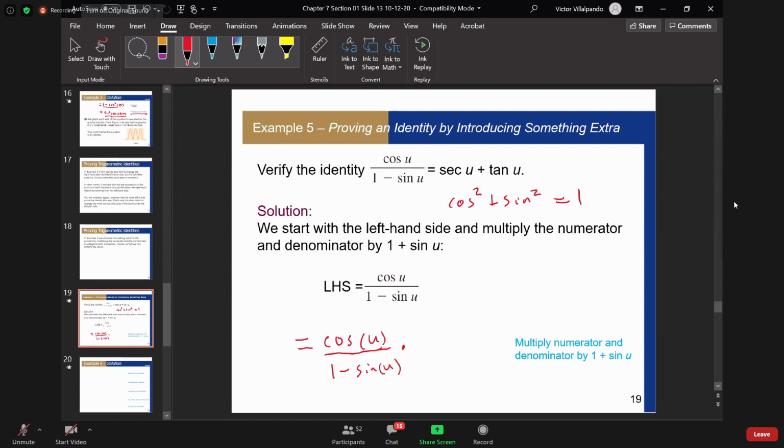If I solve for cosine squared, for example, let me do it a little bit over here. I want you to keep this in the back of your head right now. This 1 minus sine almost looks like a 1 minus sine squared, because if I solve for cosine squared, I would subtract sine squared. I'm just giving you a little heads up to think about what's about to happen.